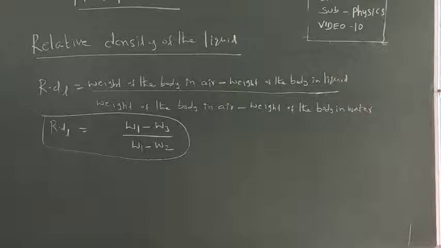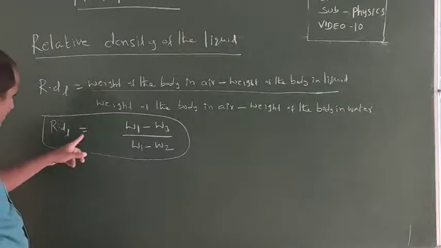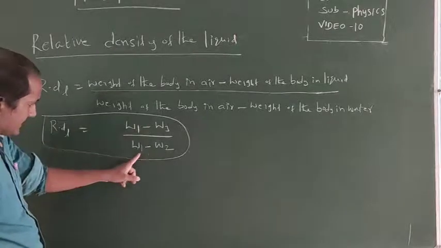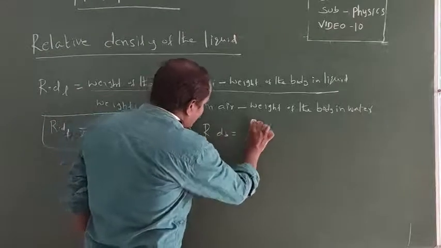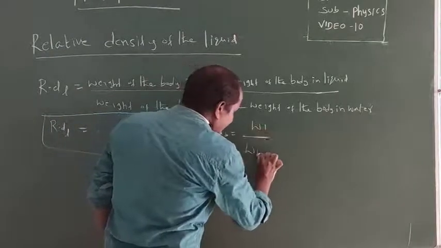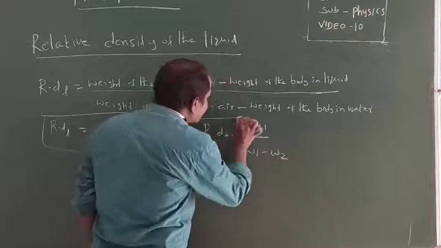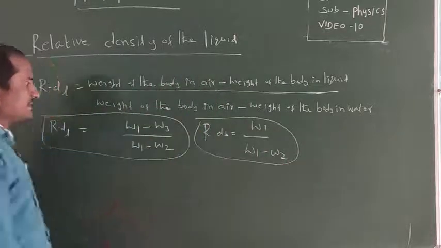From this, density of the liquid equals W1 minus W3 by W1 minus W2. So RD of the body, density of the body by density of the water, equals W1 by W1 minus W2. It is the relative density of the body.